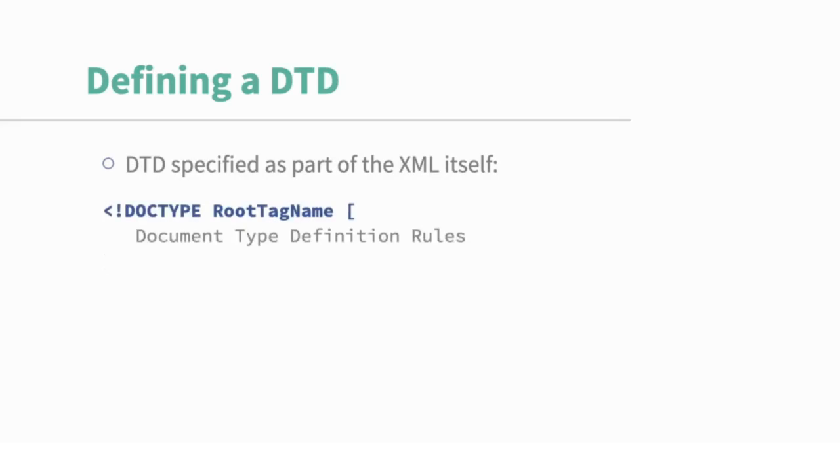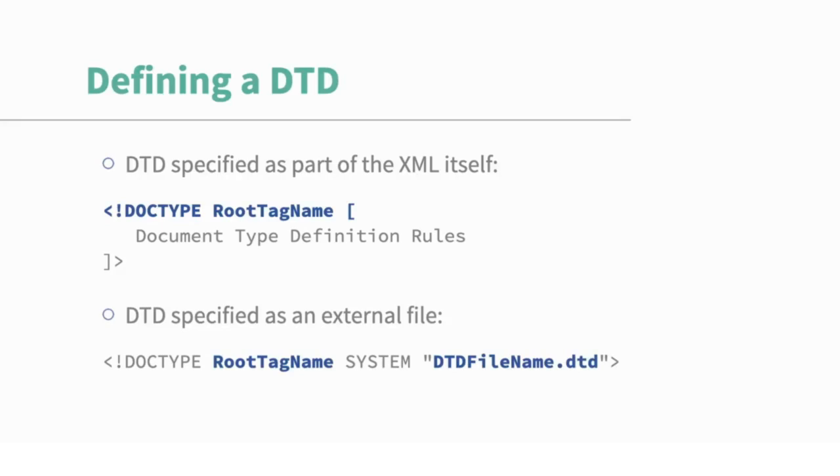The first way is to just embed the DTD directly inside the XML itself. You can do this by creating a doctype section at the top of the XML and specify the name of the root element, which is then followed by the rules for that content. The second, and much more common way, is to create an external file that can be reused by other XML documents, and we'll see how to do this later in the chapter.